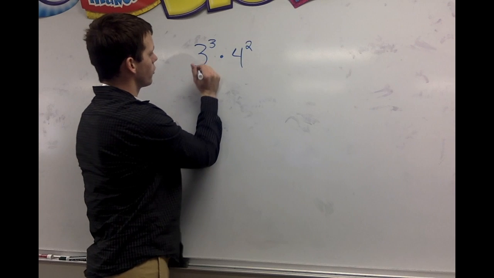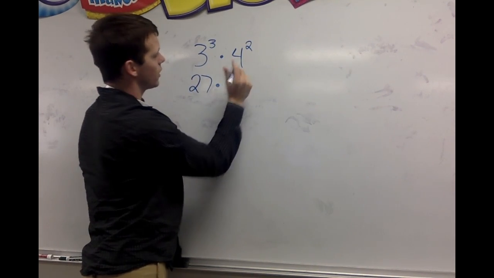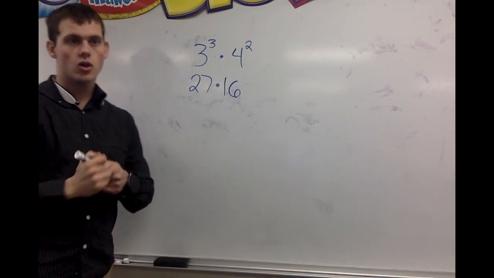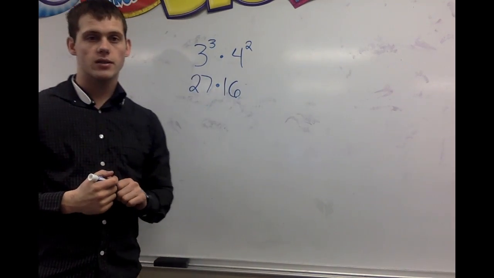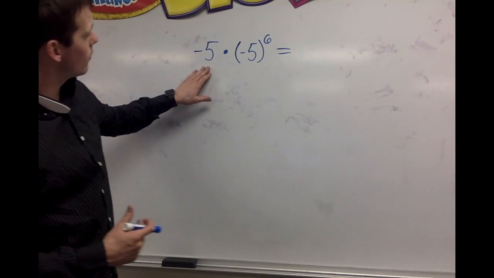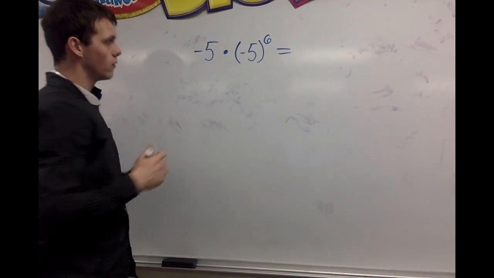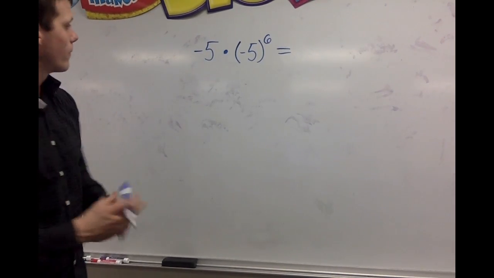When we do this problem, there's no way for us to use our new method. So we must go 3 to the third is 27 times 4 to the second is 16. So we can't use our new method because we don't have the same base. In this next problem, we have the same base of negative 5. But there's no exponent on negative 5 that we can see.